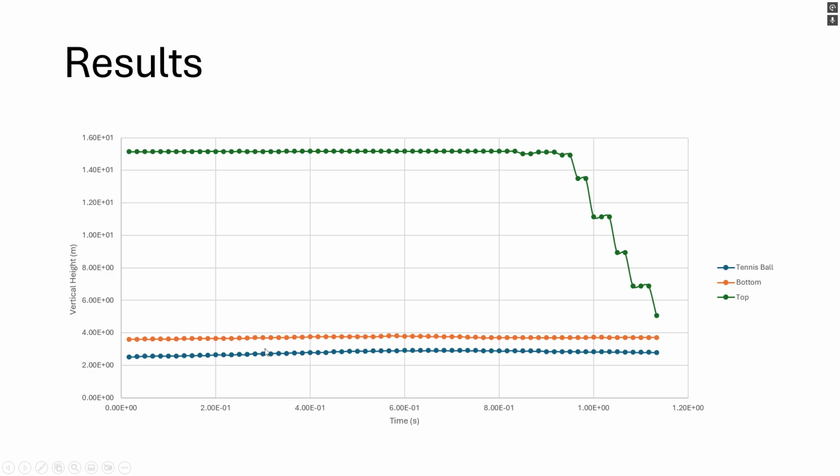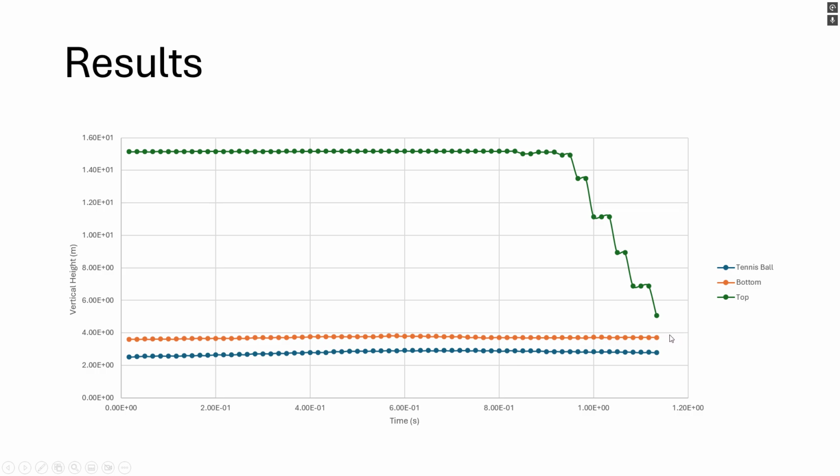And as you'll notice, the tennis ball and the bottom of the slinky remain pretty constant. The only reason they're moving up and down is due to my error when actually trying to zoom in on the video and click each point that they were at during the time. So that's all human error. They really did stay pretty much at the same position.